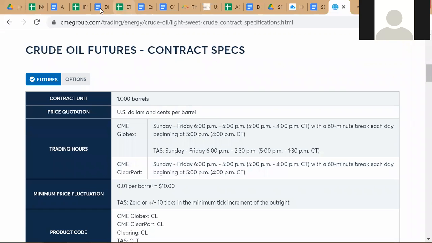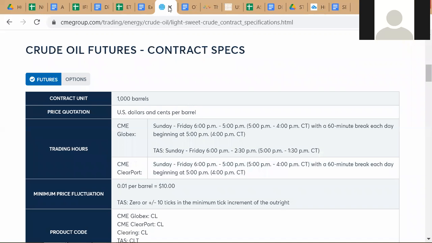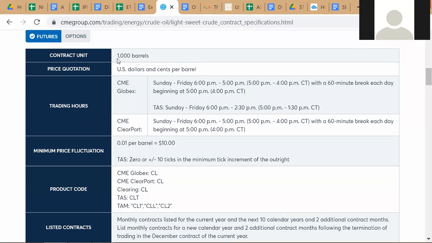We are trying to understand this point. In contrast to OTC, where you have customized contract terms, you have standardized contract terms in ETM. And one example of that is here, where you can see the first standardization that is readily apparent, contract size.